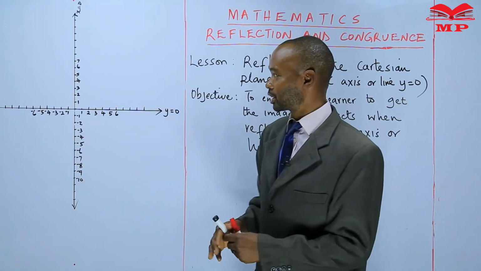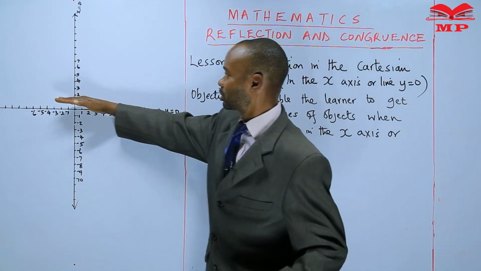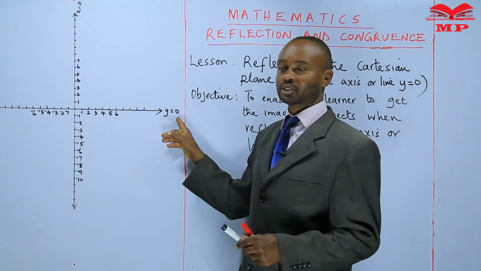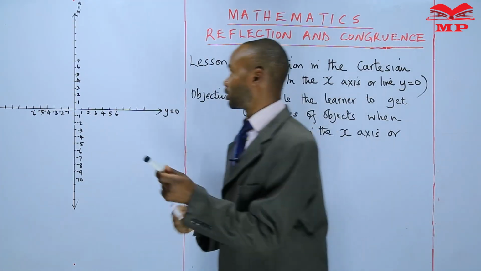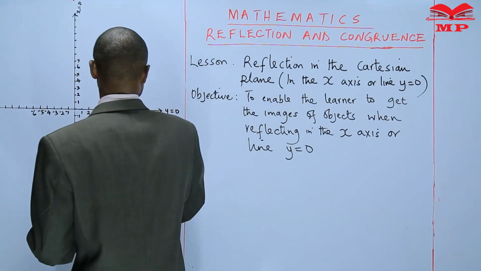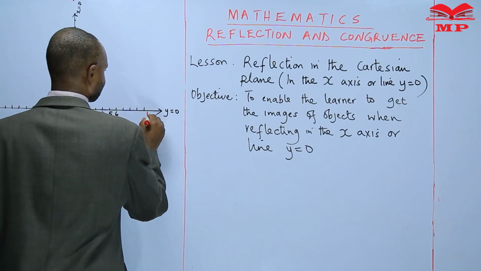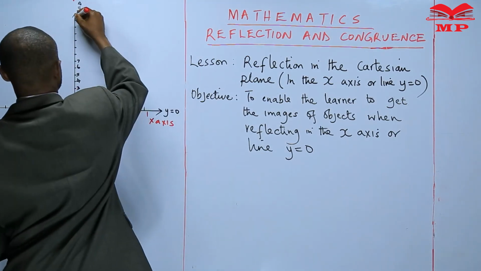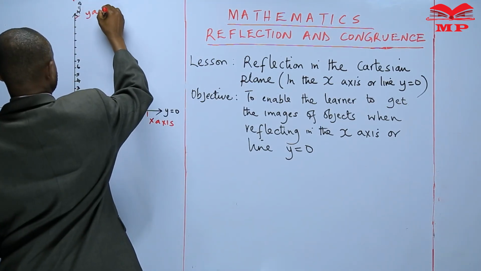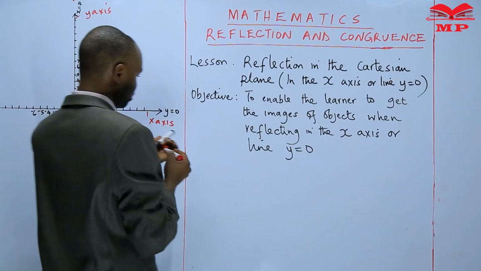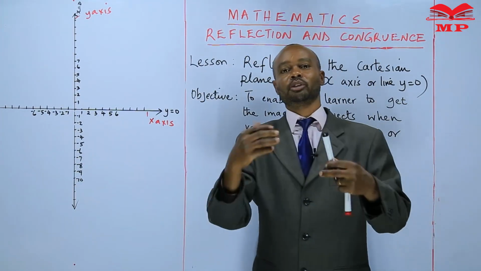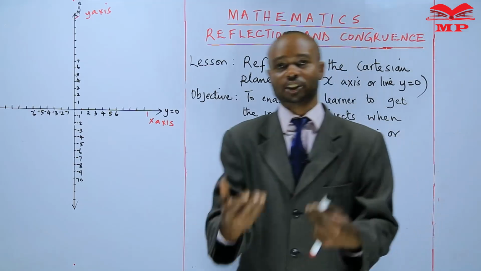At this point, it will be y is equal to 1. But at that point, it is y is equal to 0. So this is also the x-axis, and that will be the y-axis.